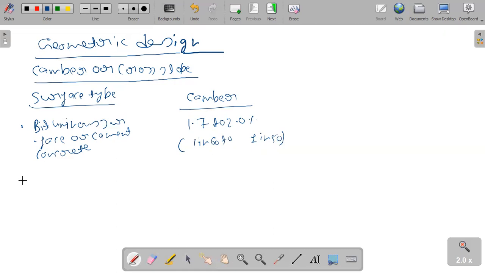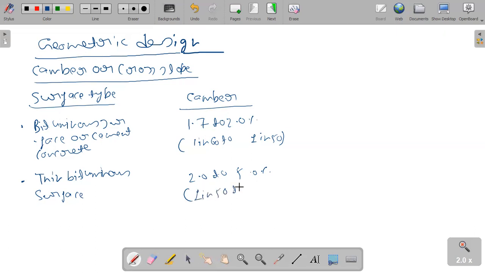Our next surface type is a thin bituminous surface. For this you get a camber of 2 to 5%, and a slope of 1 in 50 to 1 in 40.